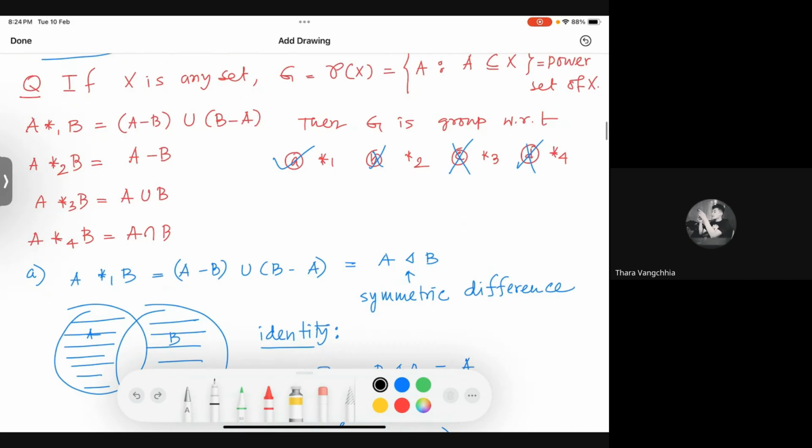But with respect to the other operations, it will not form a group. Fine.